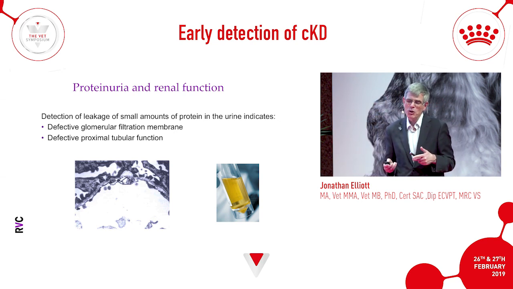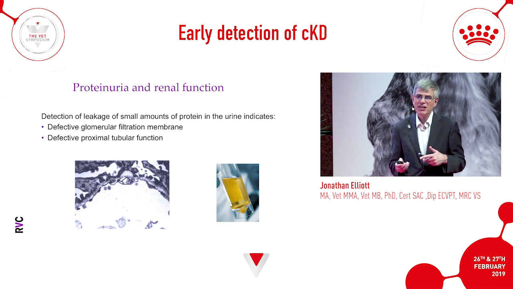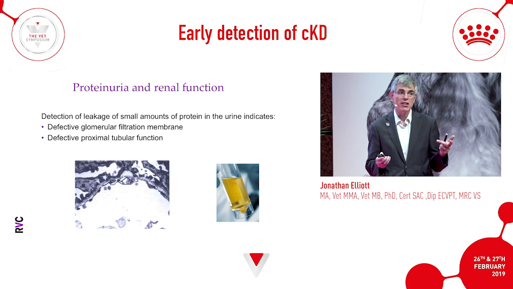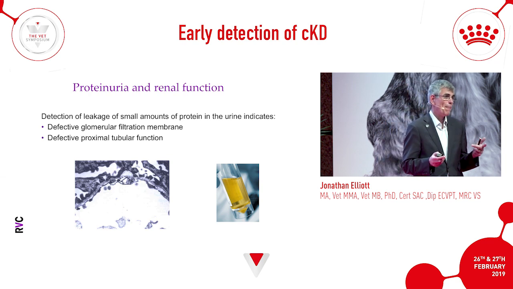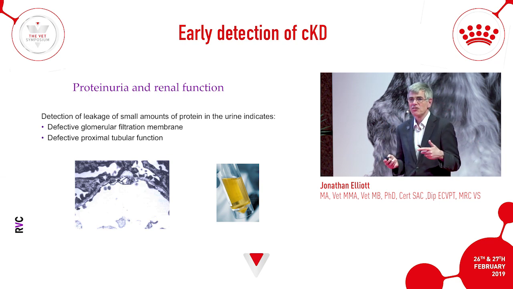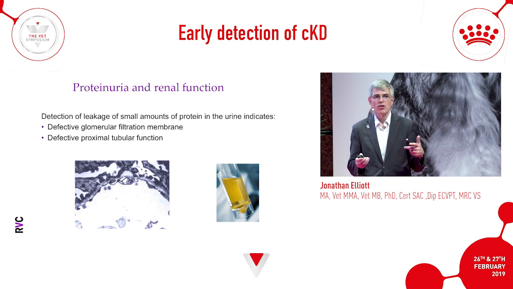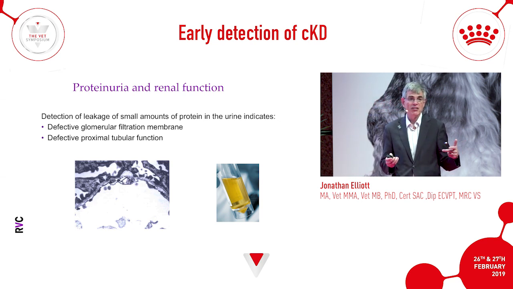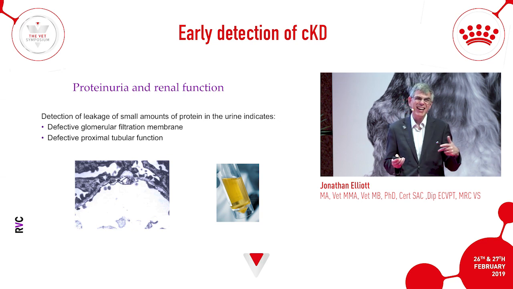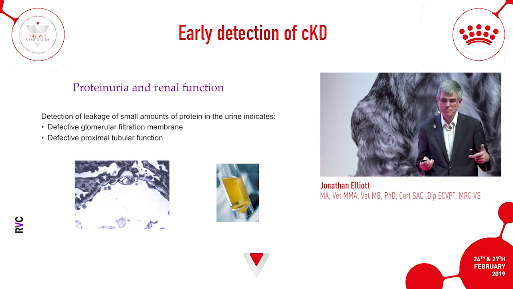In the cat, now we would say that urine protein to creatinine above 0.2 is suspicious, and definitely above 0.4 is abnormal. And many of our studies show that a UPC of above 0.2 is a significant risk factor for development of azotemic chronic kidney disease, and actually those cats are more likely to be progressive.